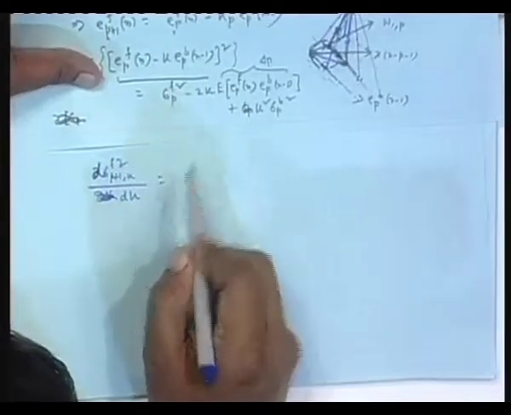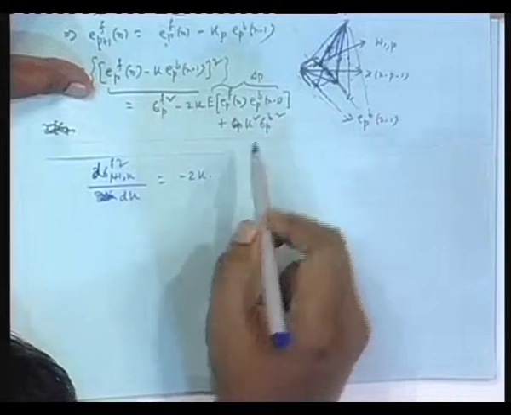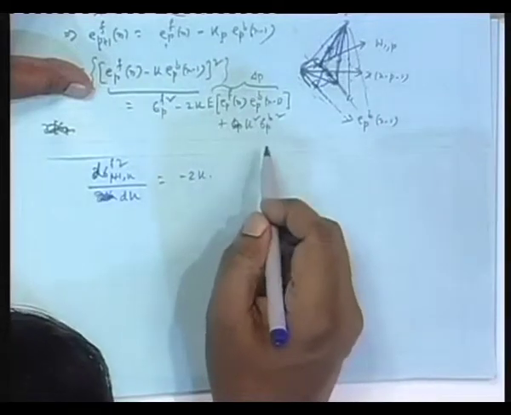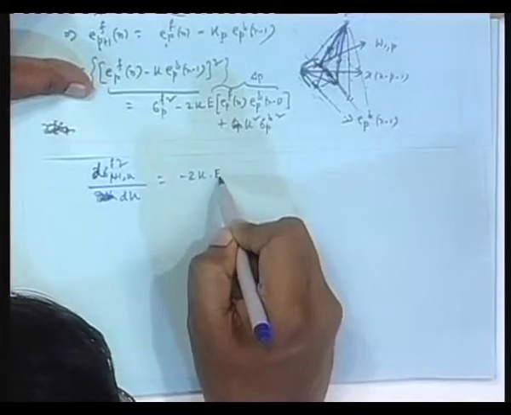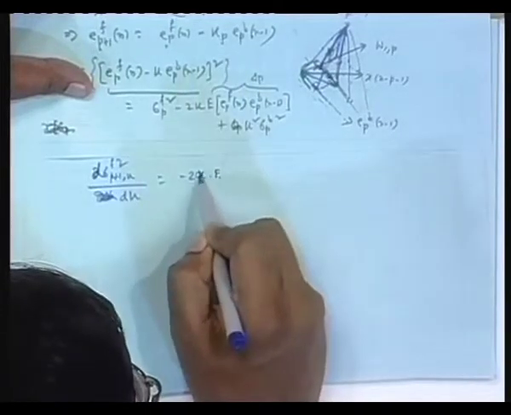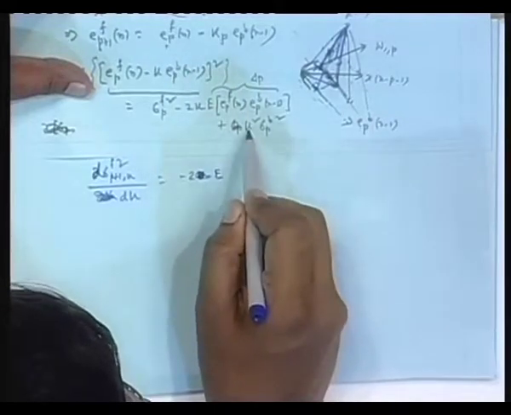So, what is this? Obviously, minus twice, sorry, k will not be there, minus 2 e, and this 2k is here.